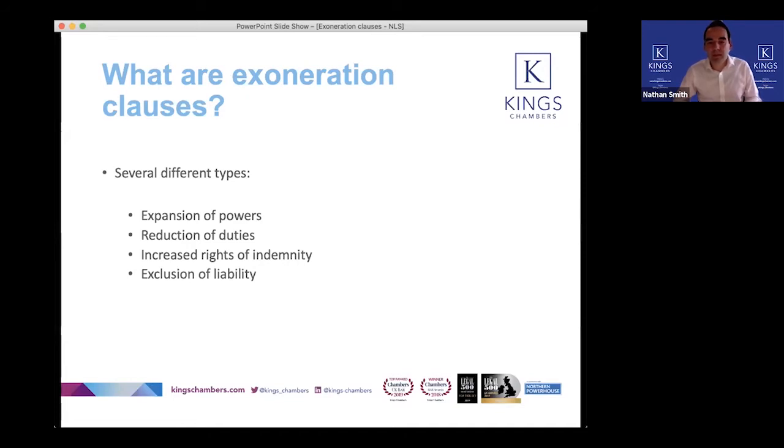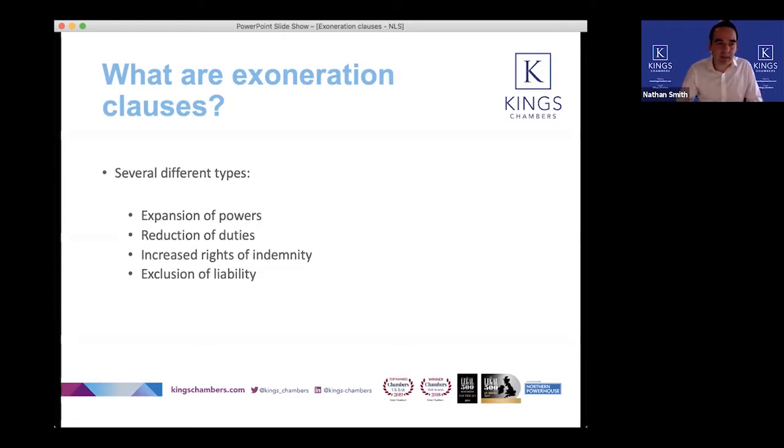They're different to the first two types because where there's an expansion of powers or a reduction of duties and the trustee acts in accordance with that, there's no breach of trust. And if it happens to be a breach that gives rise to an increased right of indemnity, then the indemnity becomes available.